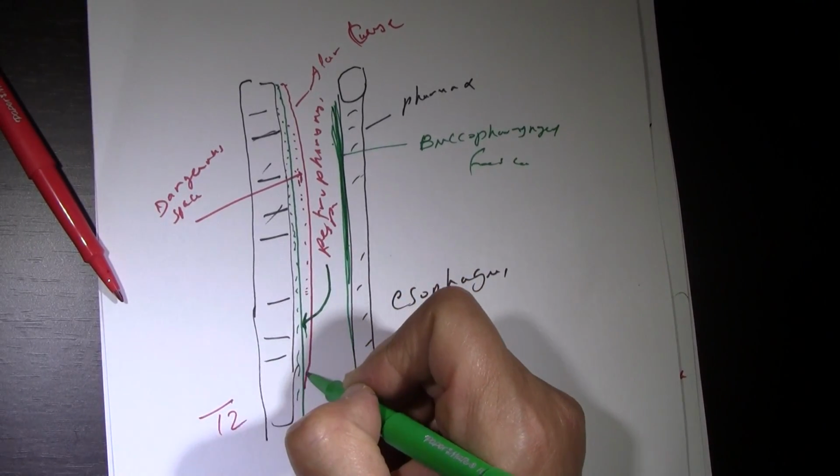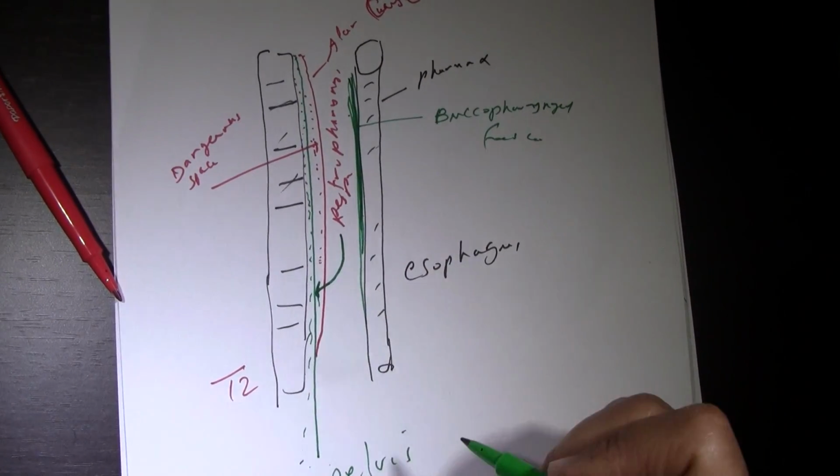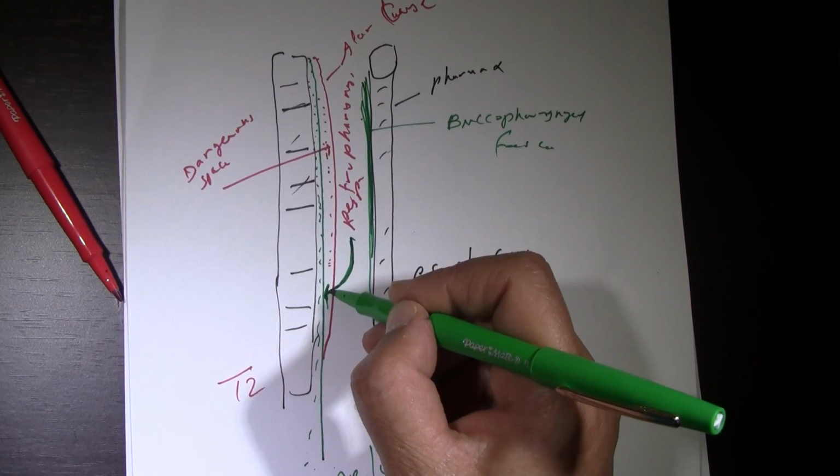Once it comes to the dangerous space, with gravity it can spread down to the mediastinum.